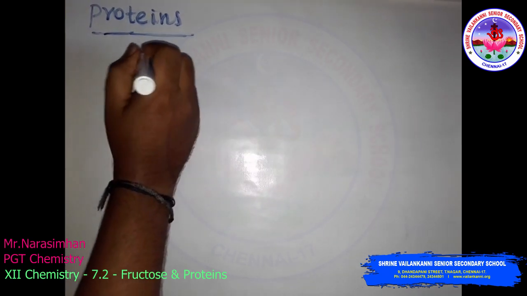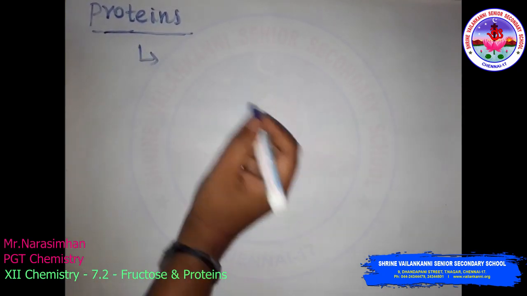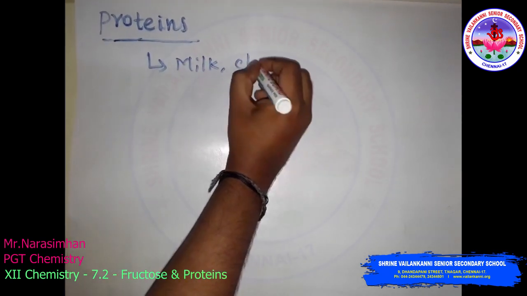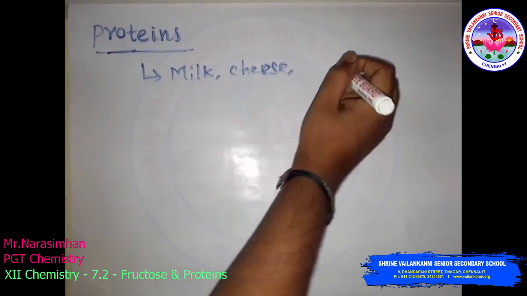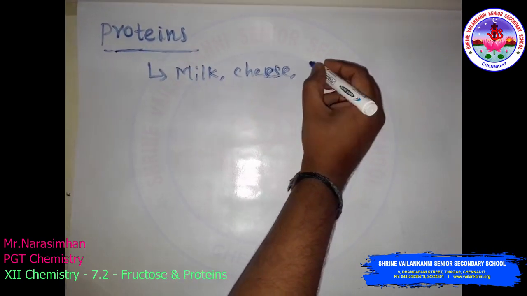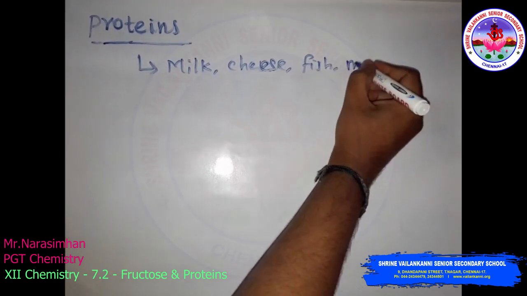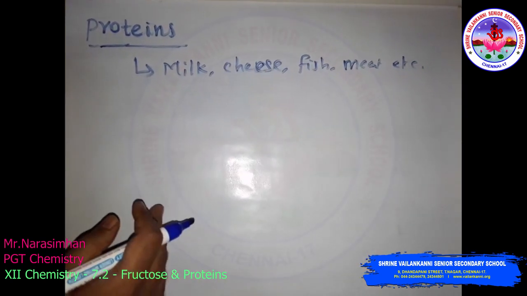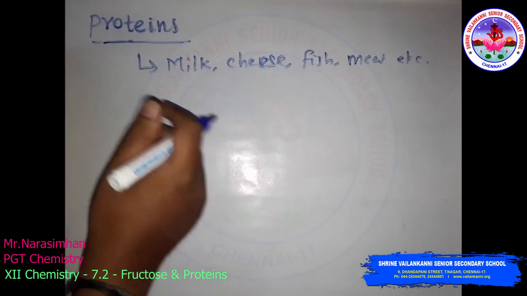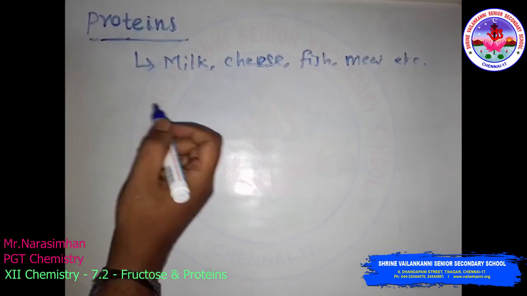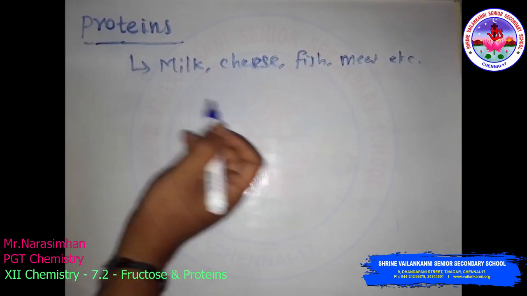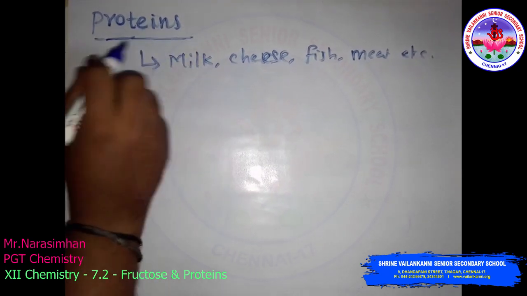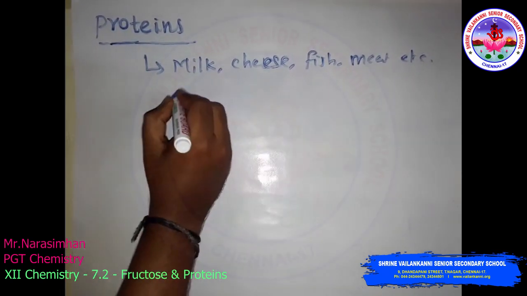The sources of protein are mainly milk, cheese, fish, meat, etc. They occur in every part of the body and form the fundamental basis of the structure and function of life. All proteins are alpha amino acids.